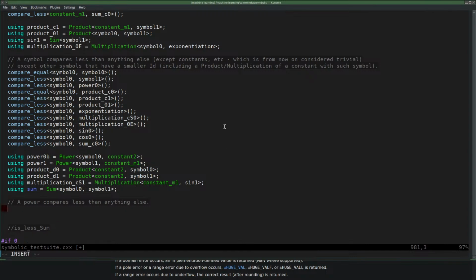I mentioned that to be trivial here. So I'm just going to test that it compares equal. Power 0 compares equal with itself. Okay, well, accept it so.